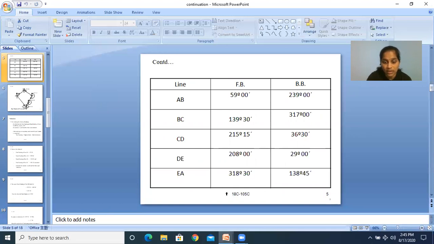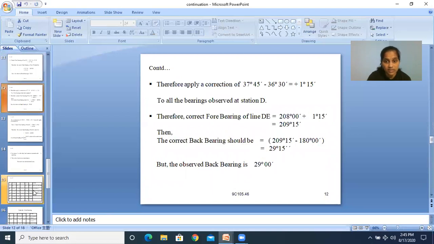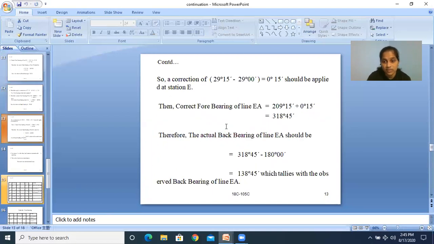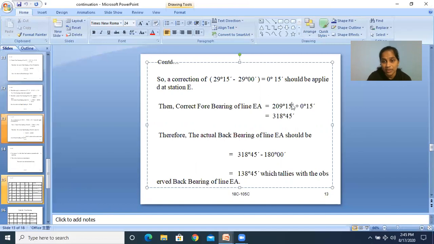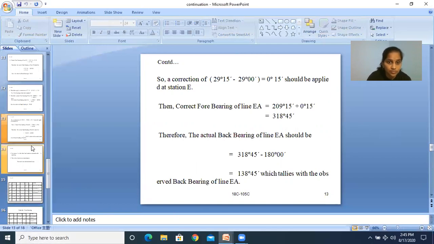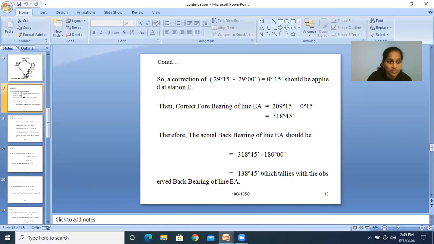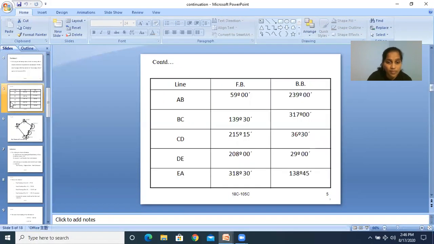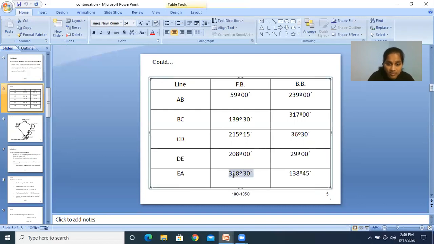The bearing of line EA is 218 degrees, 318 degrees 30 minutes.